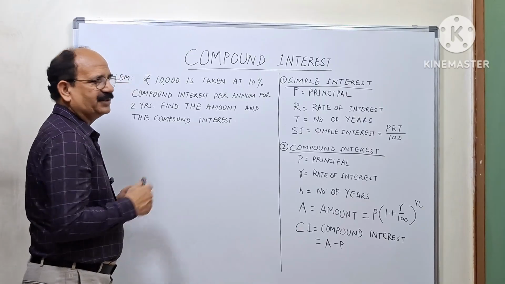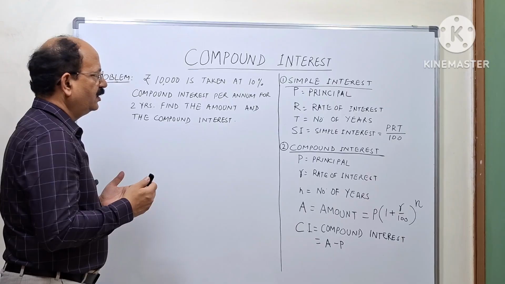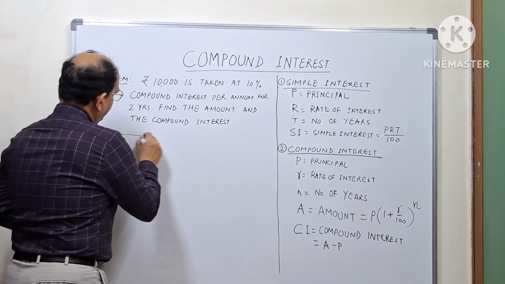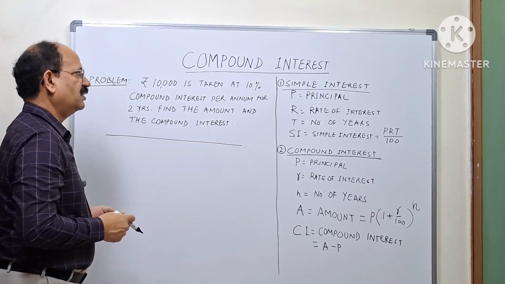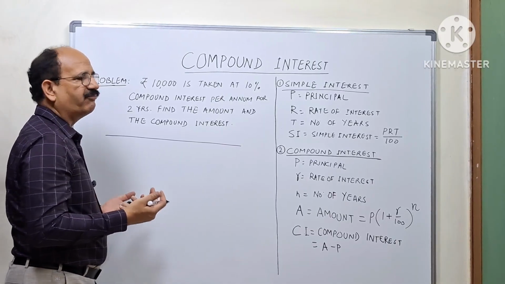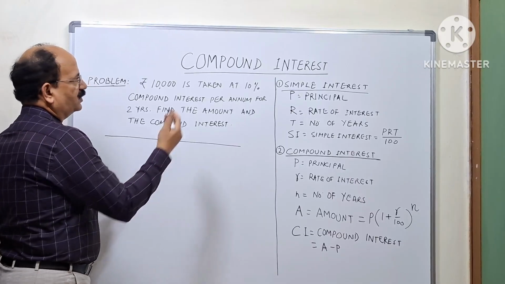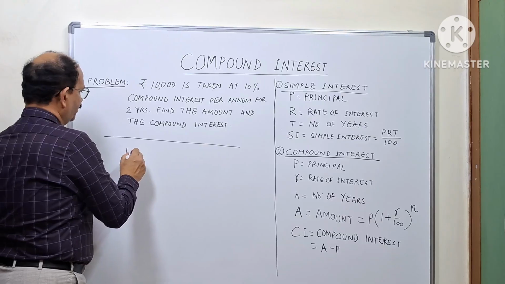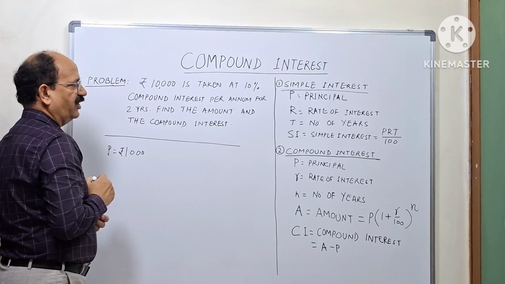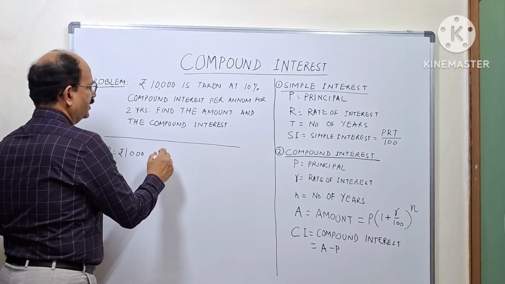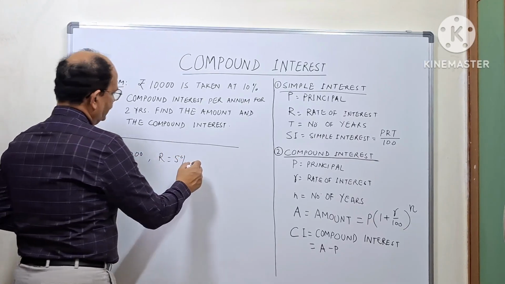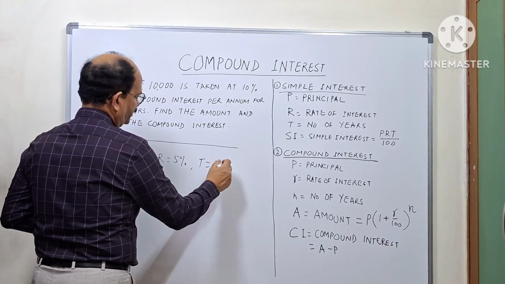Now let's try understanding this in a bit more detail. In simple interest, you are lending a sum of money to someone, suppose 1,000 rupees, at the rate of say 5%, for maybe 3 years.